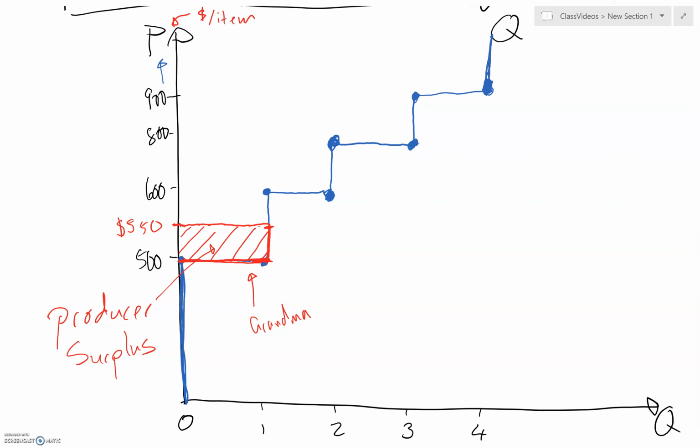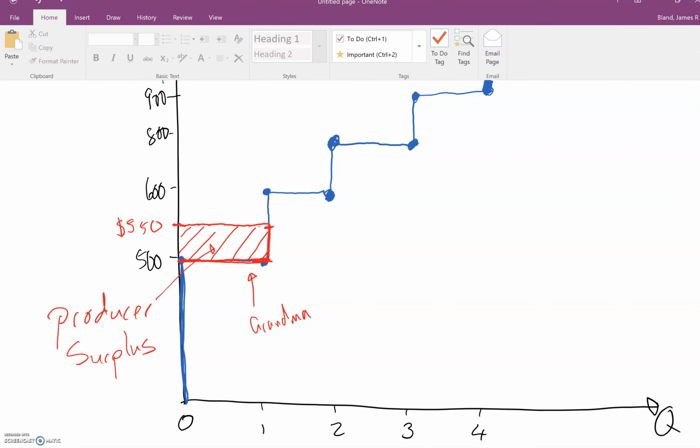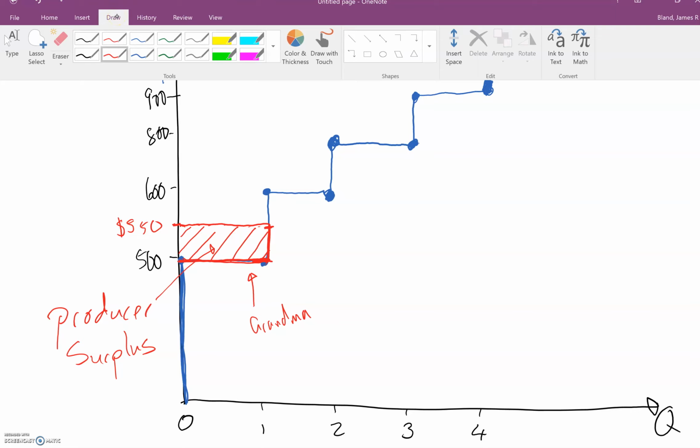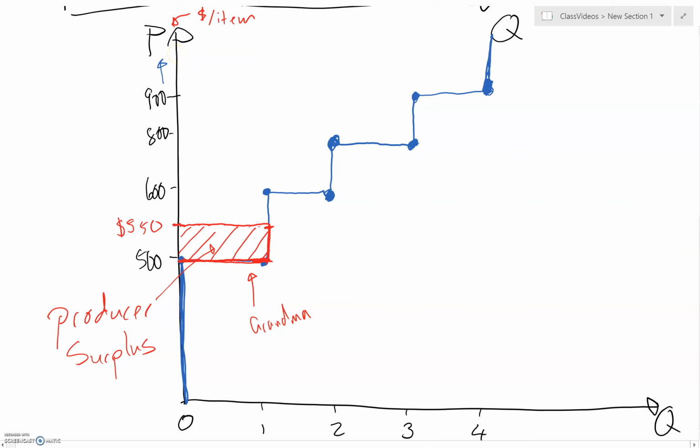But now let's suppose that the price rises to something a little bit higher. Let's pick a different color. Sorry for those of you who are red-green colorblind, I'm going to green now. Let's suppose the price rises to somewhere between $600 and $800, so let's say $700 here.